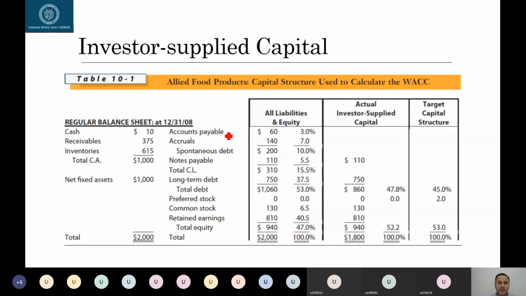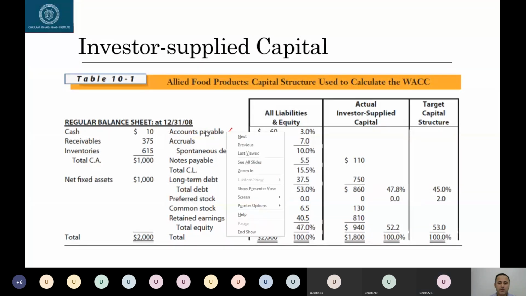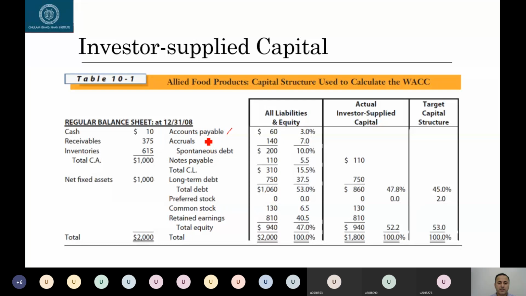On the liability side, as you can see, there is accounts payable, there are some other accruals, and there are notes payable, long-term debt, preferred stock, although it's zero here, but typically companies do have some preferred stock on their balance sheet, common stock and retained earnings.